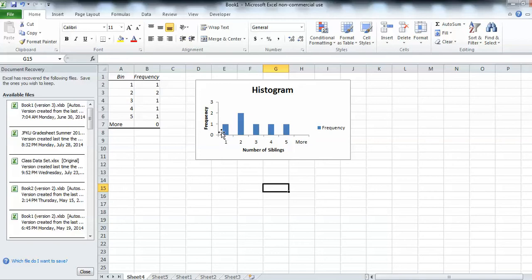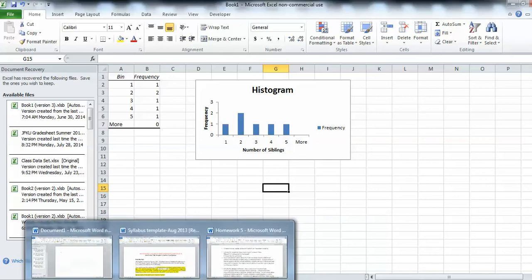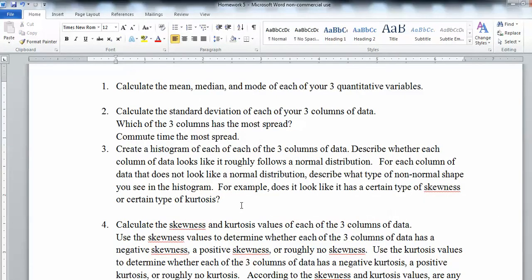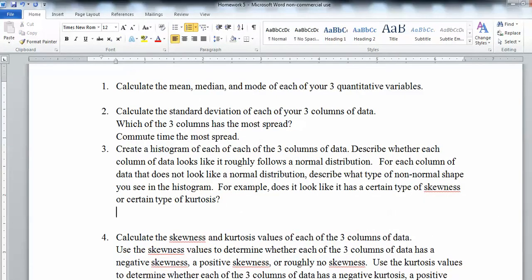It looks like it's skewed to the right because it trails off toward the right. So under here I would say number of siblings does not look roughly normal. It looks positively skewed.